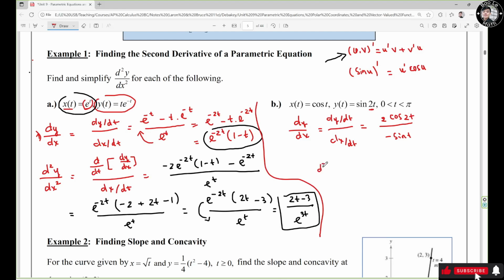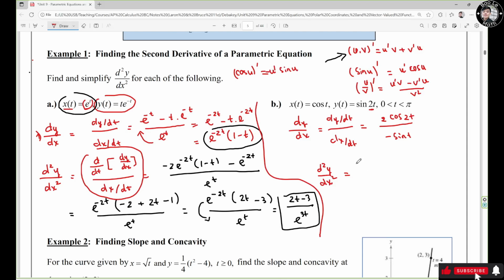Now, d squared y over ds squared, we're going to use this formula right here. We take the derivative of this one with respect to t, using the formula (u over v) prime equals u prime v minus v prime u over v squared. So u prime, using the cosine derivative, is u prime times negative sine u. Don't forget the negative sign right here.